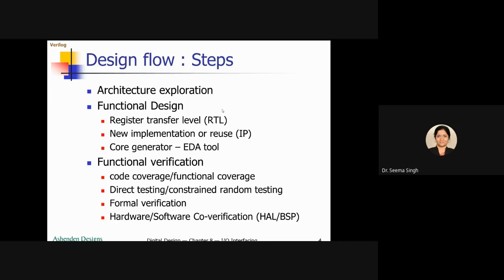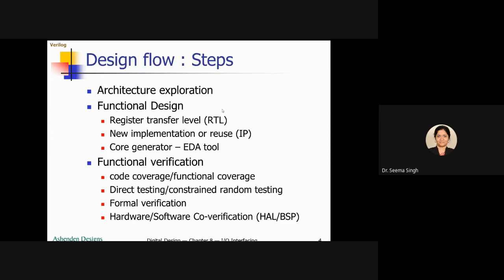Another alternative is to reuse a component from a previous system, from a library of components, or from a component vendor. This comes under intellectual property, which means we can reuse certain components, as they constitute a valuable intangible resource. Whoever has done it, we will give proper reference to that, and we will be using that thing again. So that comes under intellectual property reuse.